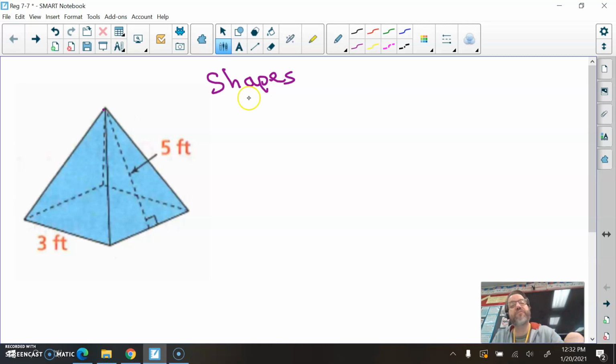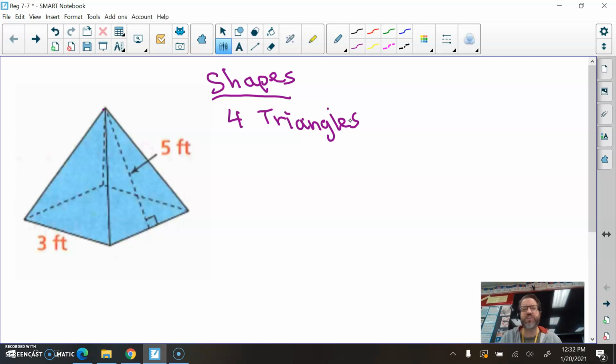So we have four triangles, in fact. Not only do we have four triangles, but all four triangles are identical to each other, because if you look at the base, which is at the bottom of this figure, the base happens to be a square.